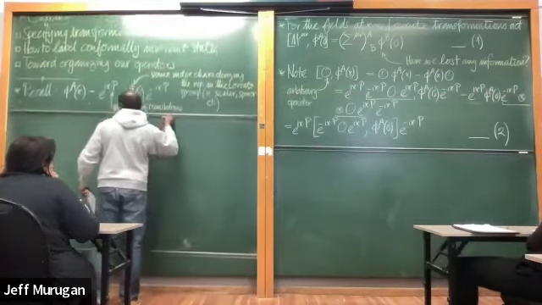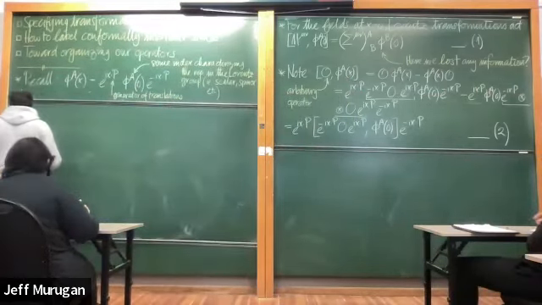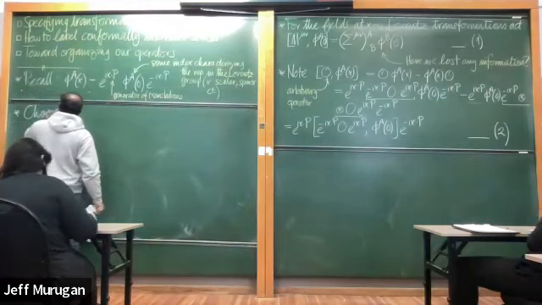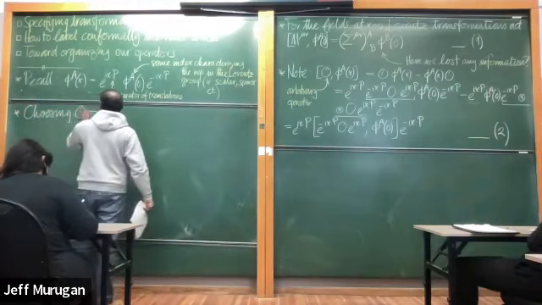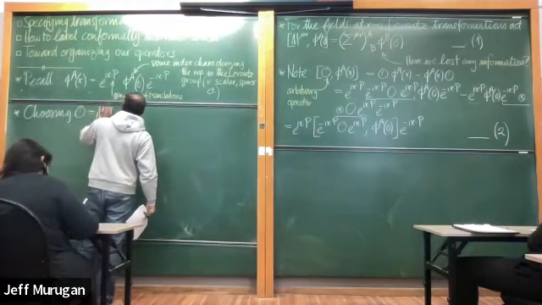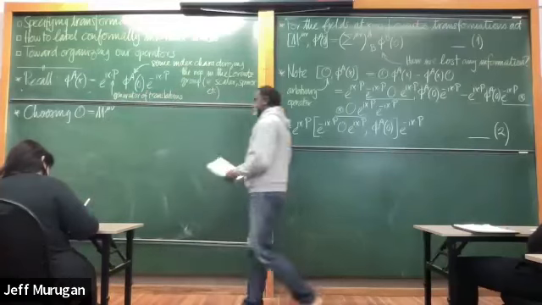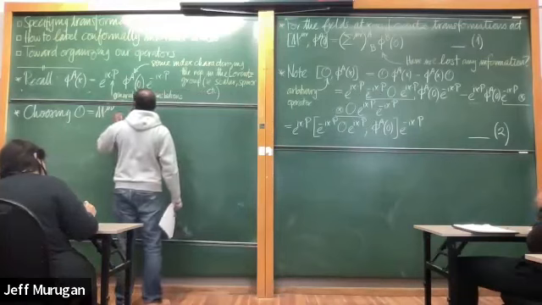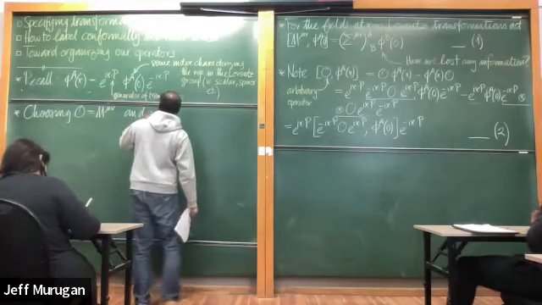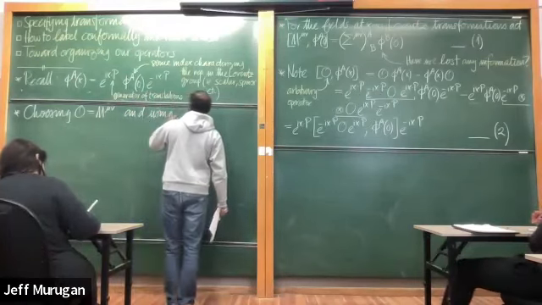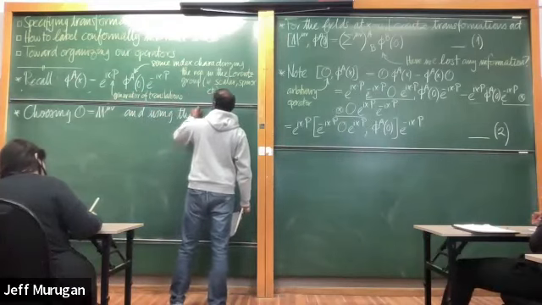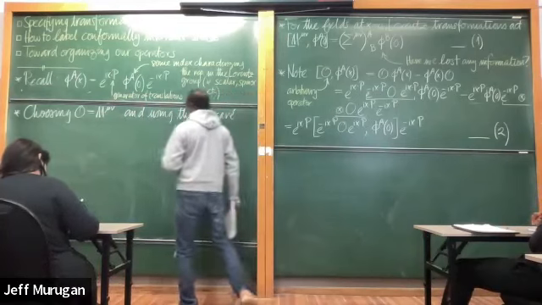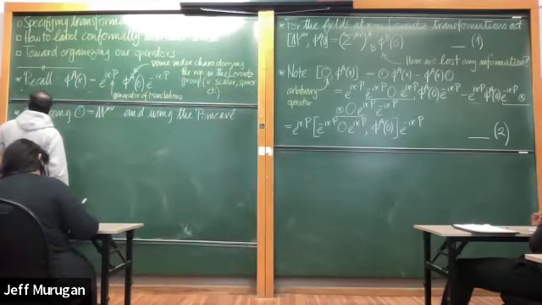So in particular, if I choose O to be the generator of Lorentz transformations, I use the commutator.